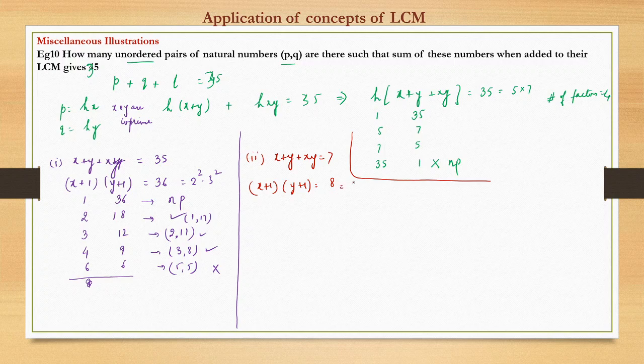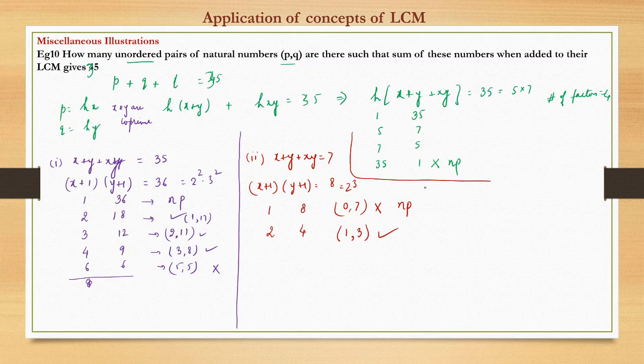This is nothing but 2 raised to power 3, so 4 ways. So this can be 1 into 8, 2 into 4. Now 4, 2 will be same. So 1, 8 will give 0 comma 7, but this is not possible, right? This is not a possible case. Then 2 comma 4 will give x y as 1 comma 3 respectively. This 1 and 3 being co-prime, this is possible.